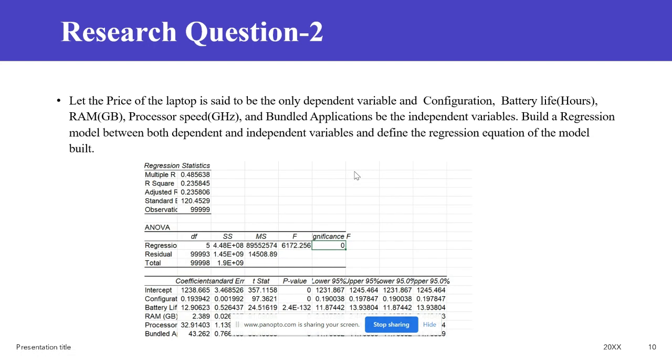So coming to the second research question, we have tried to build a regression model, a multiple regression model with the different independent features like configuration, battery life, processor speed, and bundled applications. And I found that it has shown the significance F value is zero.